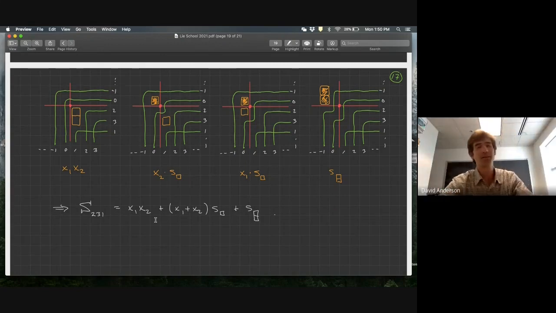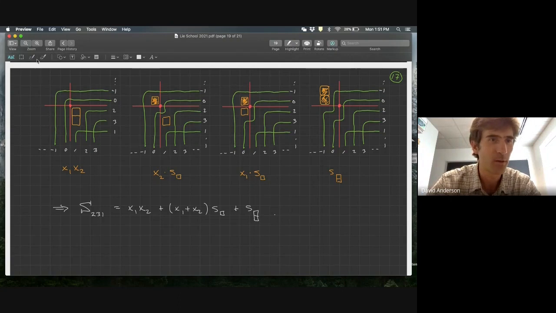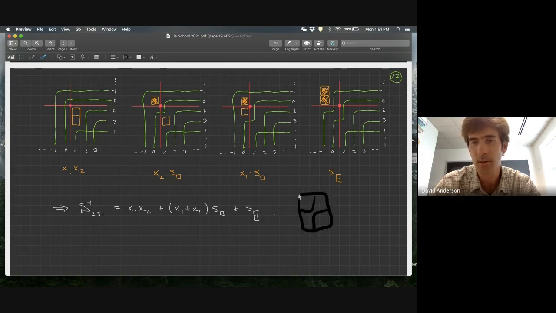Let me see, if I draw something, it may not work out so well, but can you see that? There's another thing that is allowed in pipe dreams: you can stick in one of these tiles. This is what they call a bump. And you'll notice that in all of these diagrams, that tile doesn't show up. That's what it means to be bumpless.